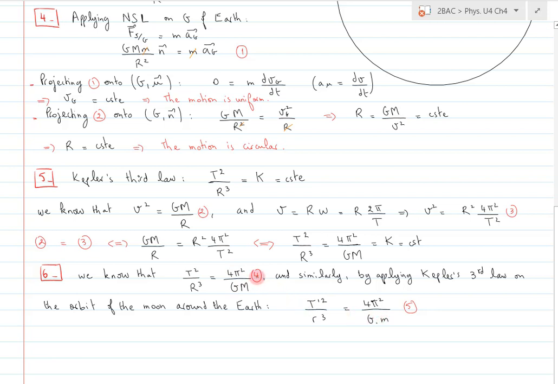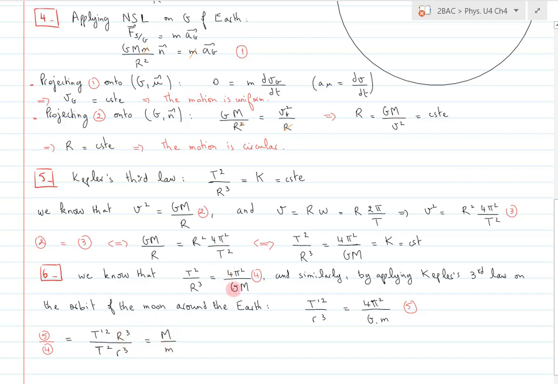So for that, we are going to divide this equation by this equation. Equation 5 over 4 gives T prime square, R to the power 3 over T square, small r to the power 3 equal to big M over small m.